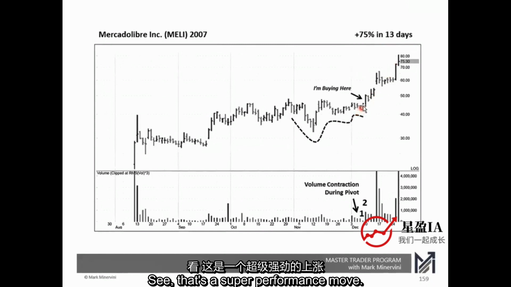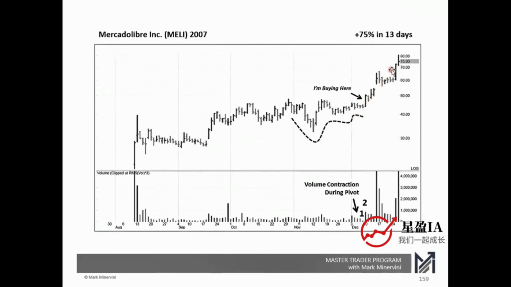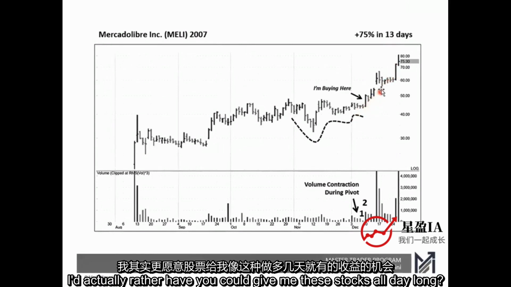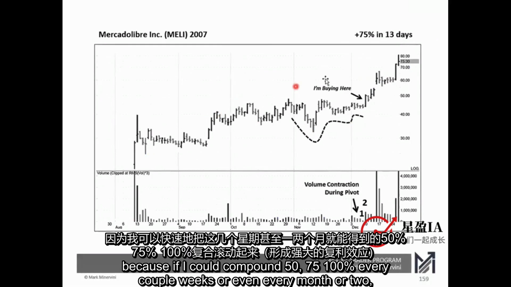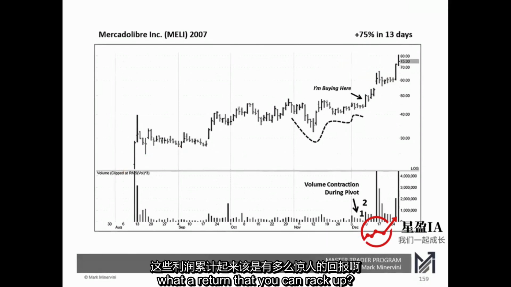See, that's a super performance move. If you could give me these stocks all day long, I'd take these before even the really big multi-year movers, because if I could compound 50, 75, 100% every couple of weeks, or even every month or two, oh boy, what a return you can rack up.